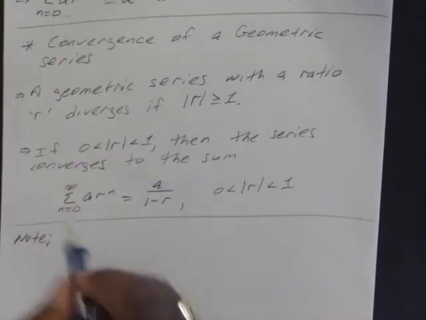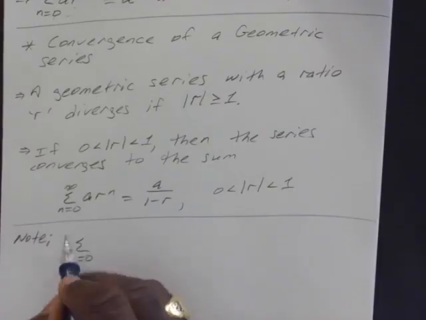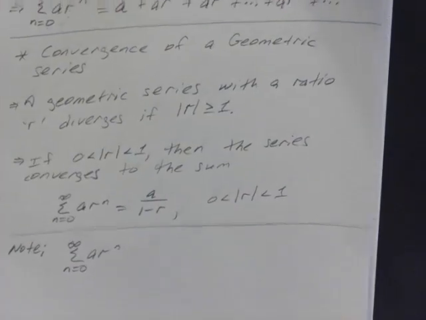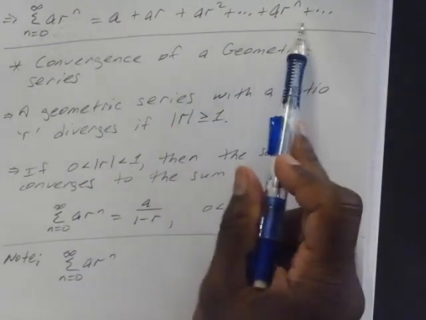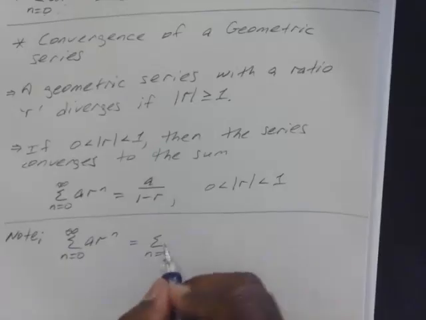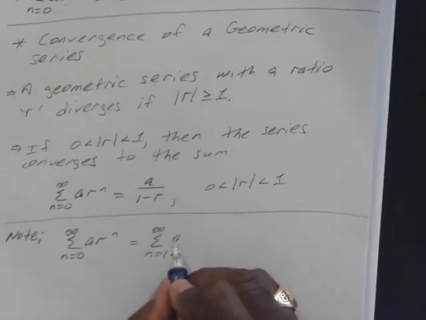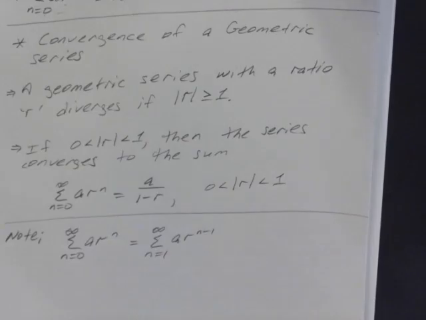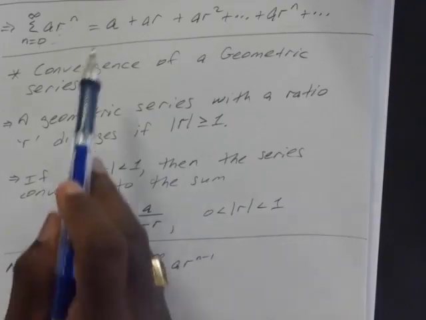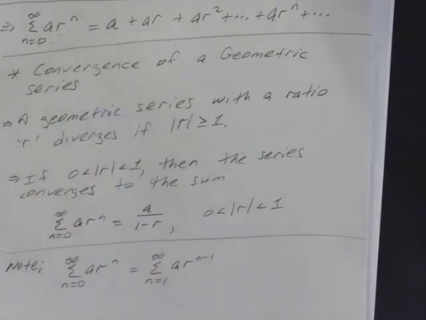If we have the sum from n equals 0 to infinity of a times r to the power of n, we will get the very same collection of terms as the sum from n equals 1 to infinity of a times r to the power of n minus 1. If you plug in n equals 1, you'll get r to the power of 0, which leaves just a times 1. And then it keeps going and going.